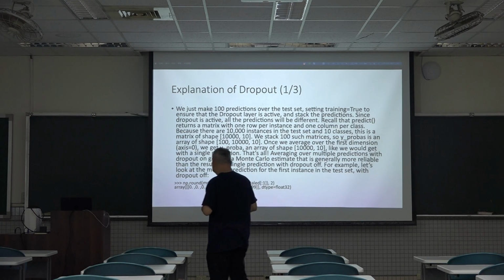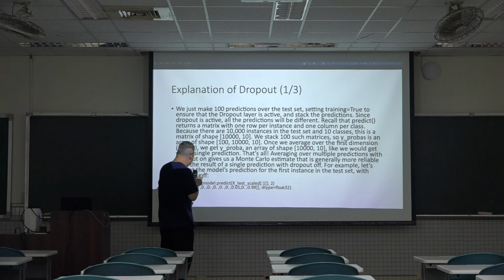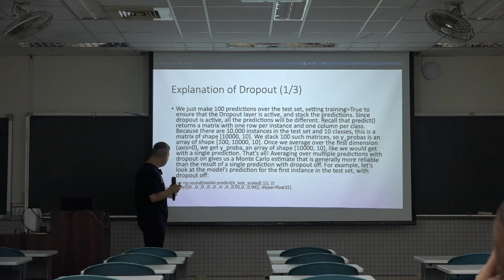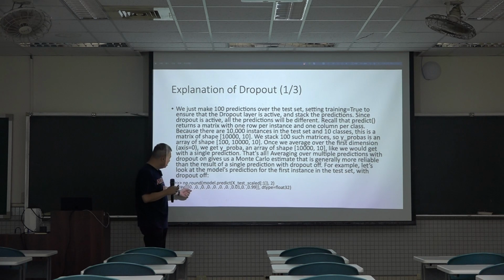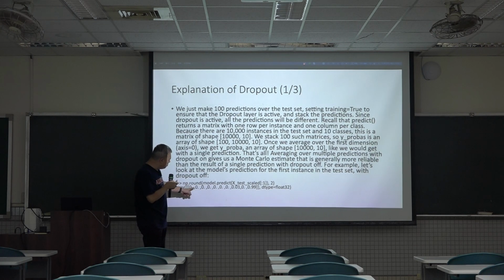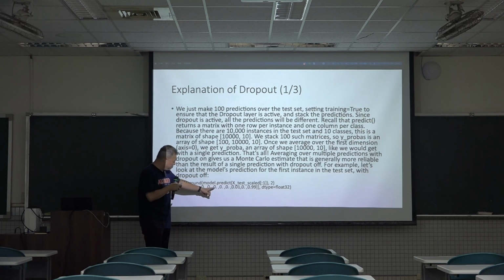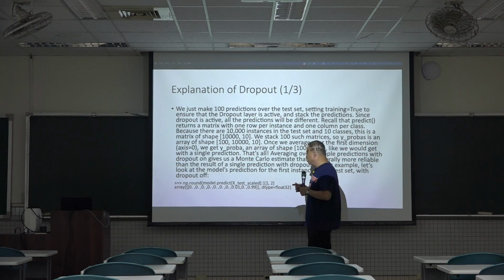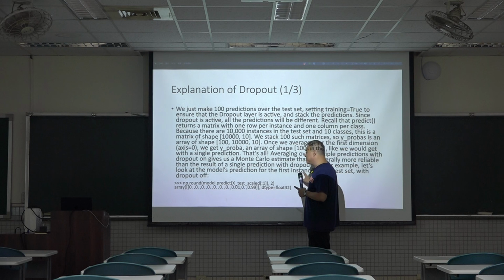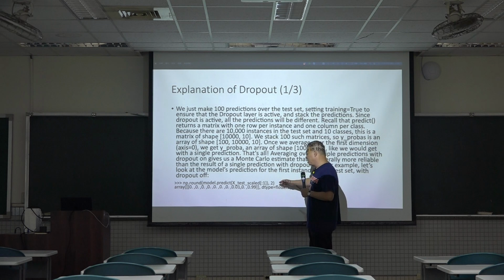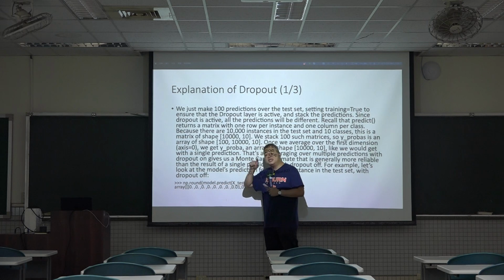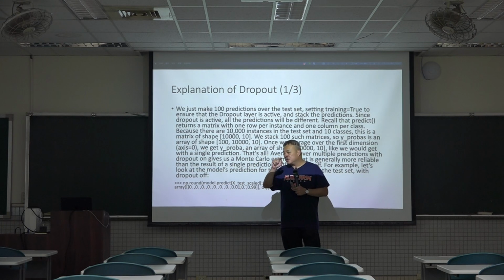If you only run inference on one instance one time, this is the result. You output a probability for each class. For the first instance in the test set, we use predict with the model without turning on the dropout.